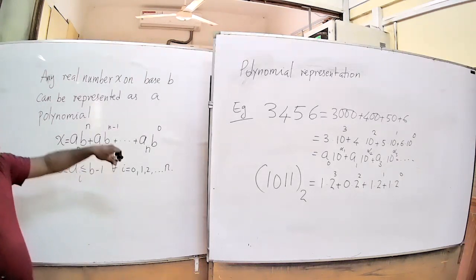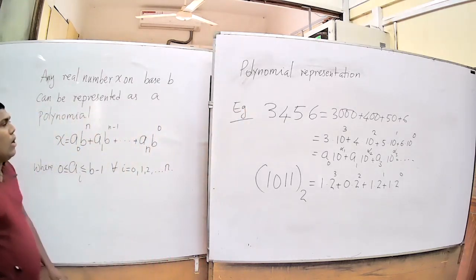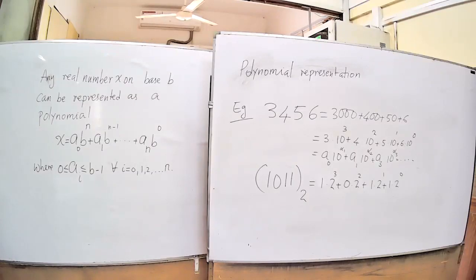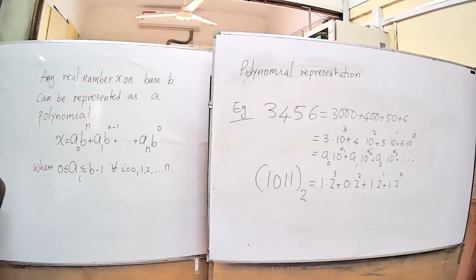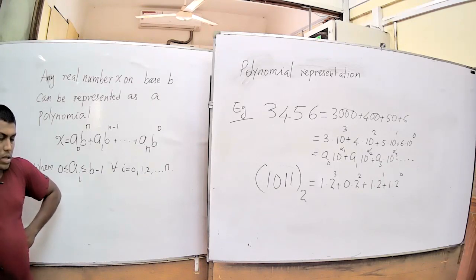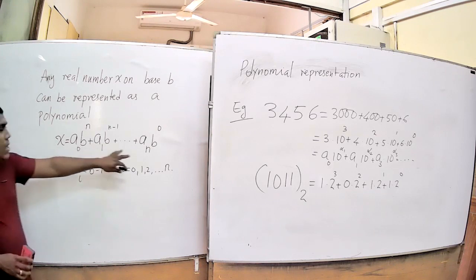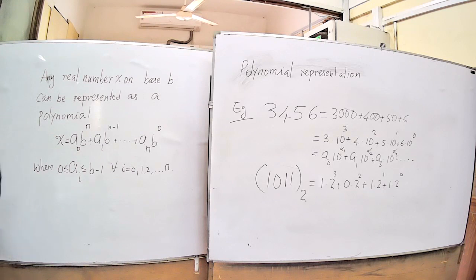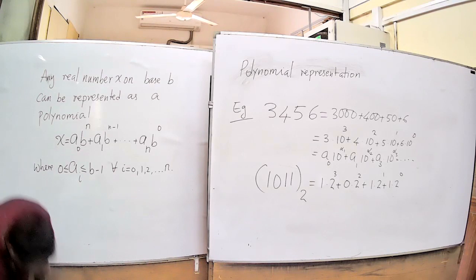So instead of looking at numbers like this, we will see the equivalent polynomial representation, and we will try to study computer arithmetic based on those polynomial representations. In order to do that, we have to see how to handle polynomials first, because only when you know how to handle polynomials is it useful to study the rest.